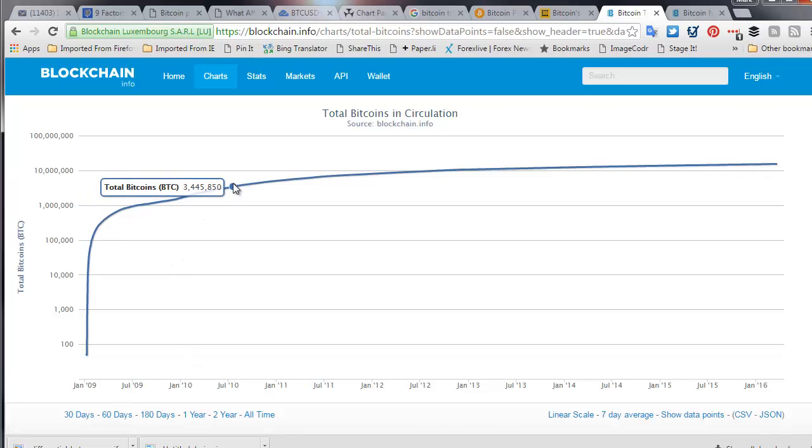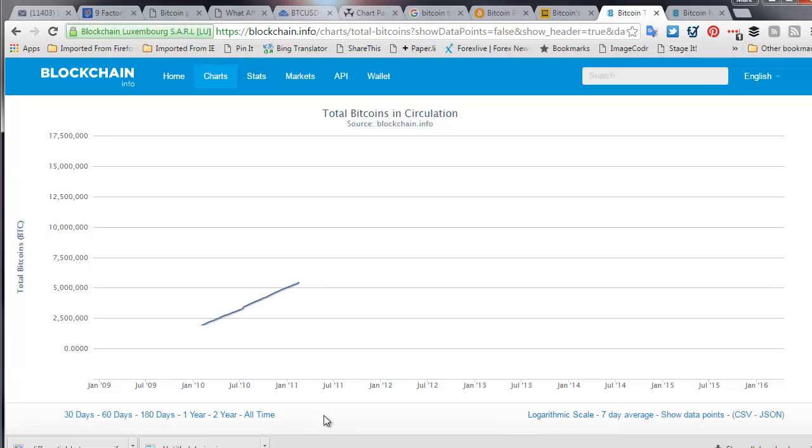So we can see essentially Bitcoin has flattened out from January 2012. There was still a growing number of Bitcoin available, and so from January 12 we've got 7.9 million available, and we've got a doubling of Bitcoin available from January 12 until now. So we still have supply increasing.